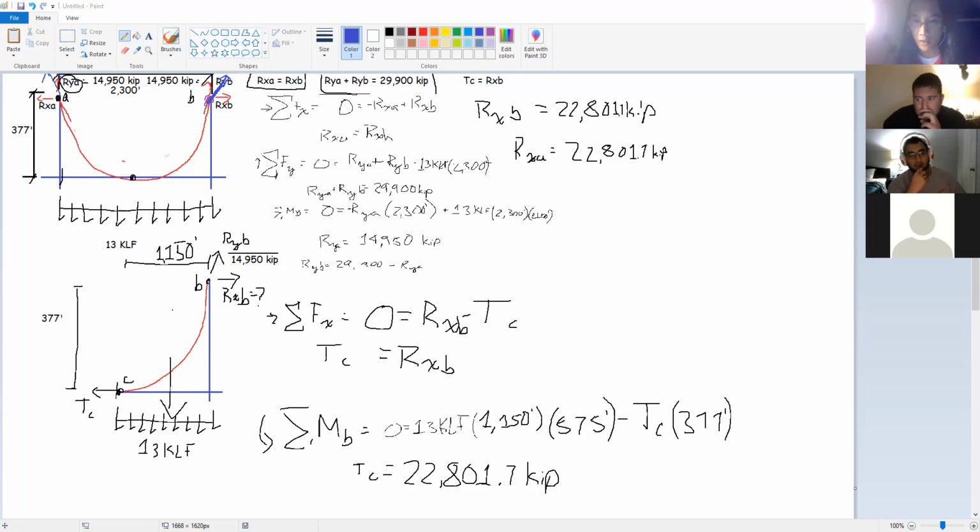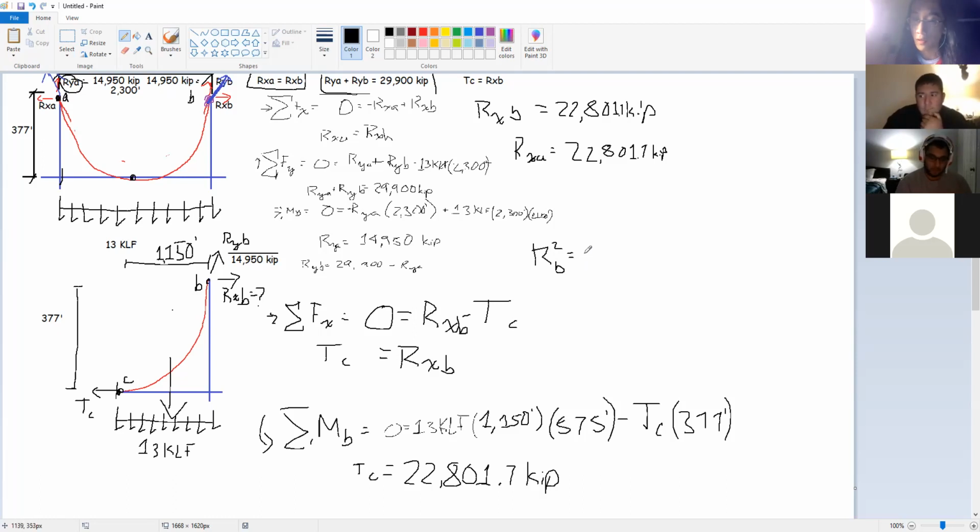And did he solve for the angle too? He didn't solve for the angle. So we're just going to solve for RB. So how do we solve for that?